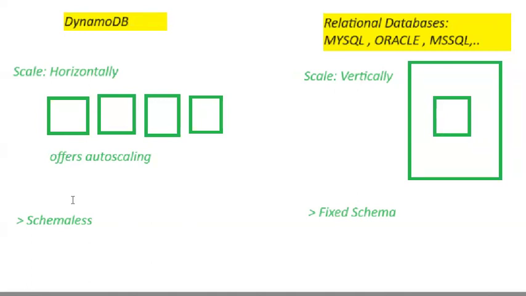You can have different attributes and a different number of attributes for each item as well. These are the advantages of using DynamoDB compared to relational databases.